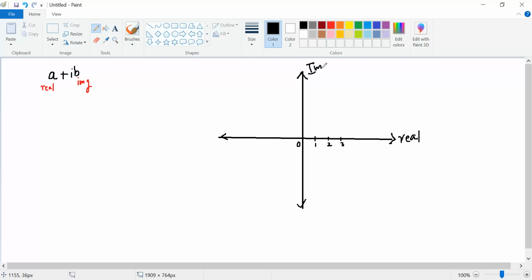So imaginary axis means we'll have imaginary numbers on this vertical line.